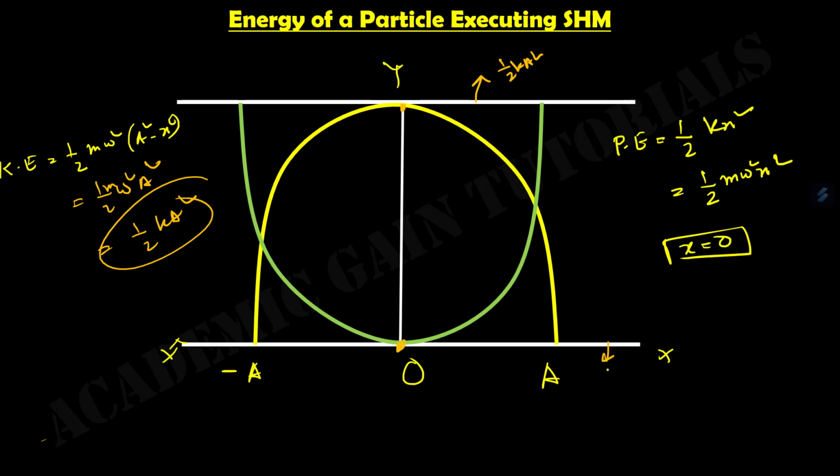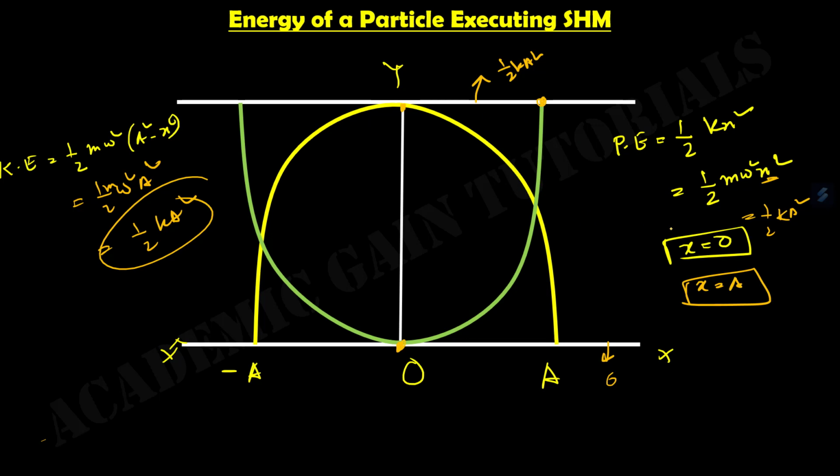When our x equals a, then this equation becomes half of k a square. So this becomes maximum. That's why at that point, when x equals a, the potential energy becomes maximum, and our kinetic energy becomes 0.